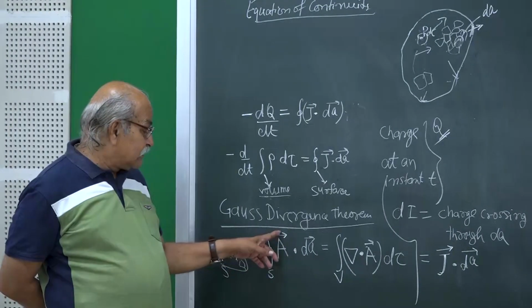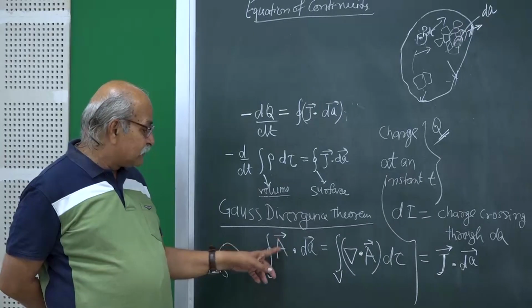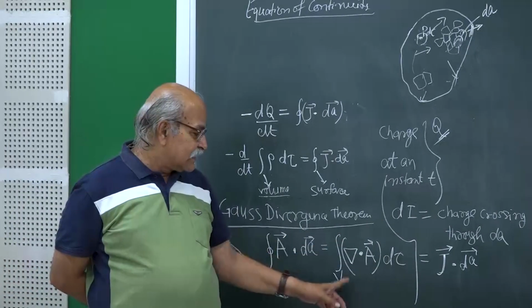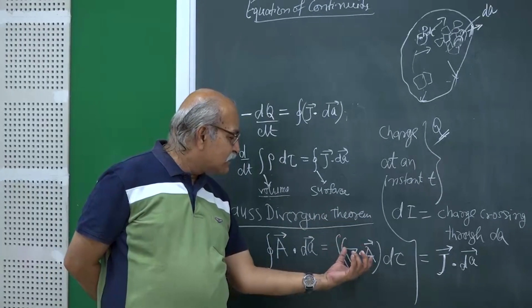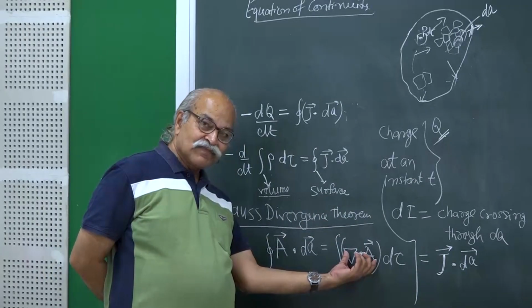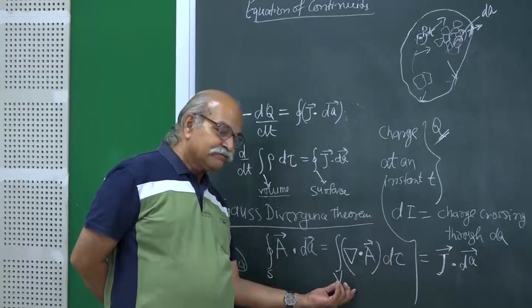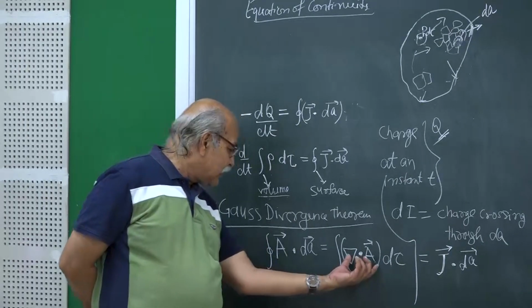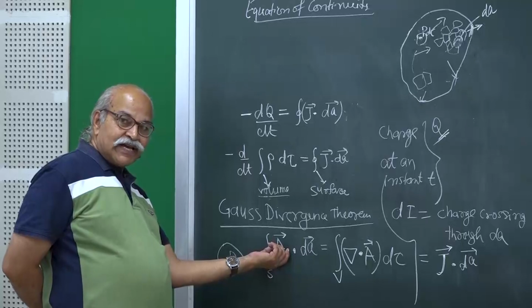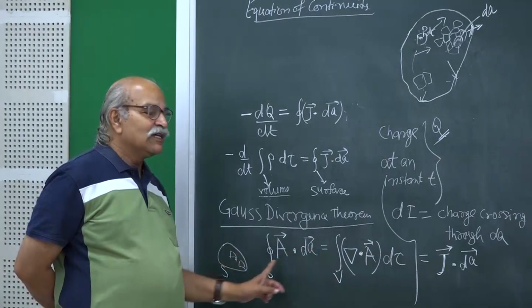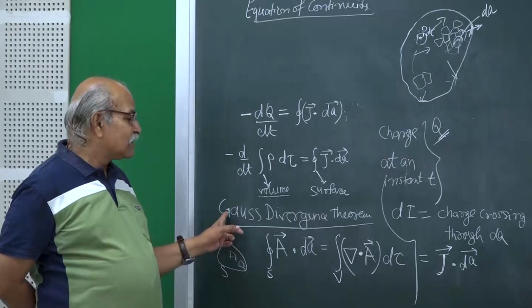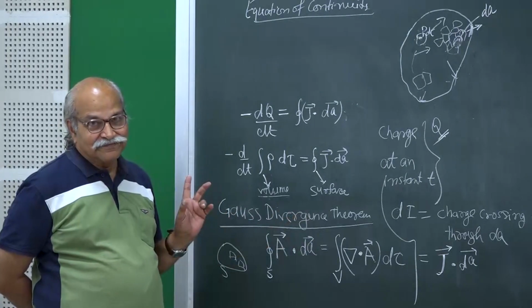Here you have vector A itself, and this is divergence of A, which is a scalar. So, if you take the divergence of A and integrate over volume, and you take A itself and integrate over the surface of that volume, then these two are equal. This is known as Gauss divergence theorem.